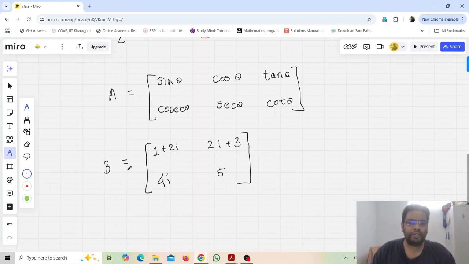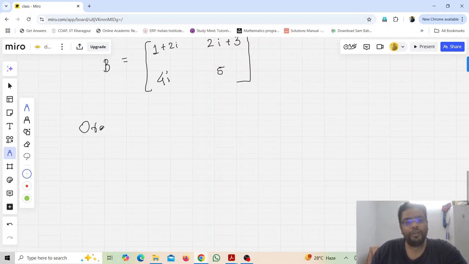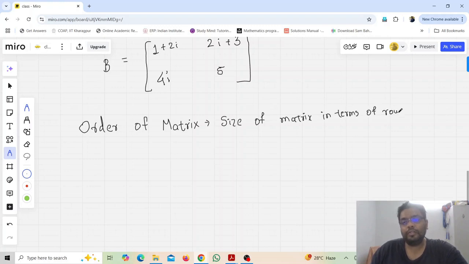So moving on, the next part which I would like to discuss with you is the order of a matrix. Now, what do you think the order of a matrix would mean? So, in simple terms, the order of a matrix represents or talks about the size of the matrix in terms of rows and columns.